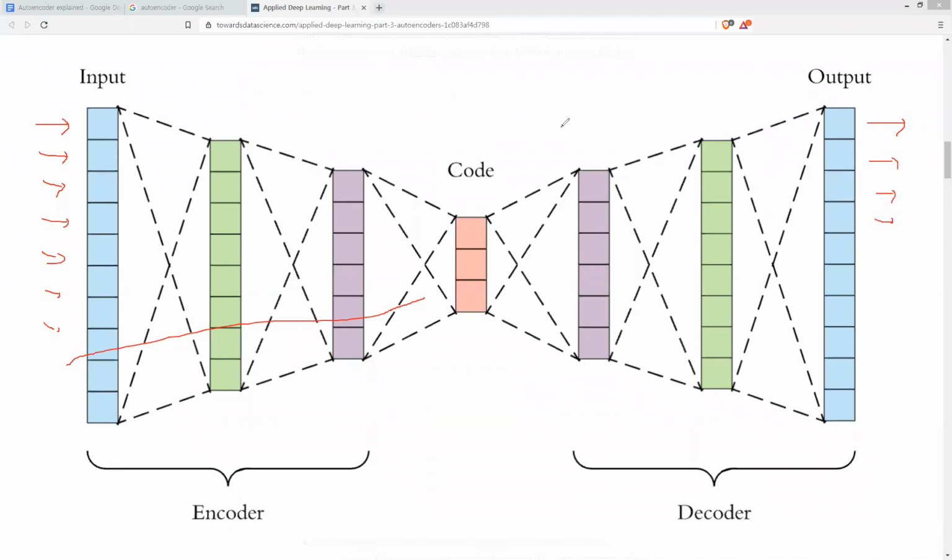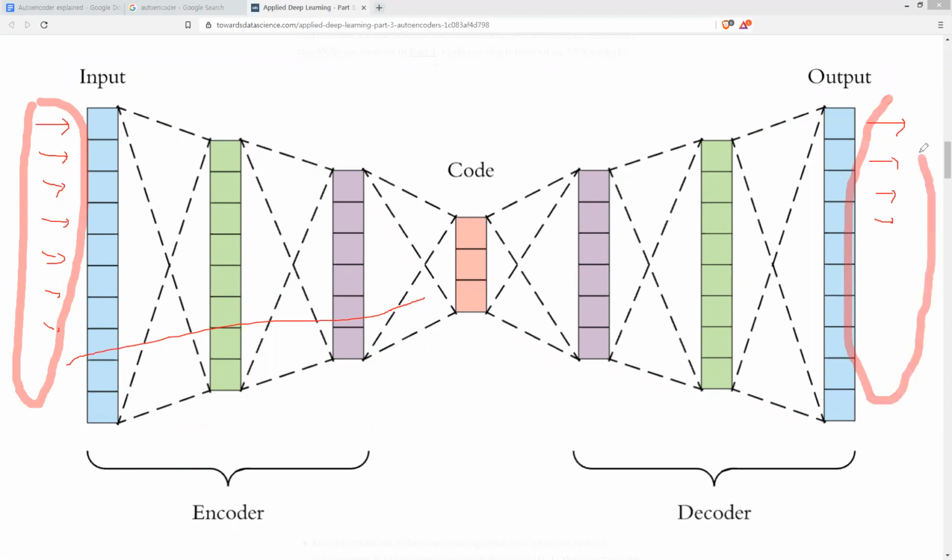Then we compare the input data and the output reconstructed data with each other, and we want to make the output data as close as possible to the input data.